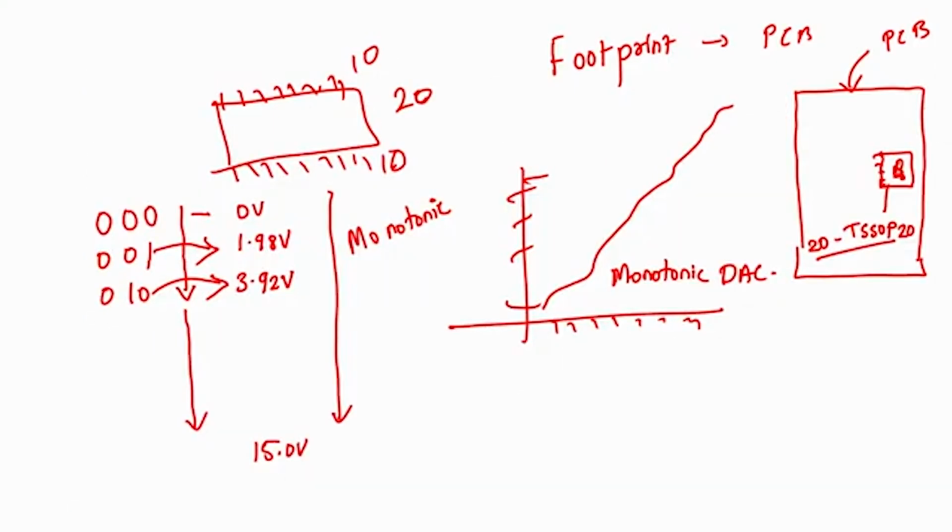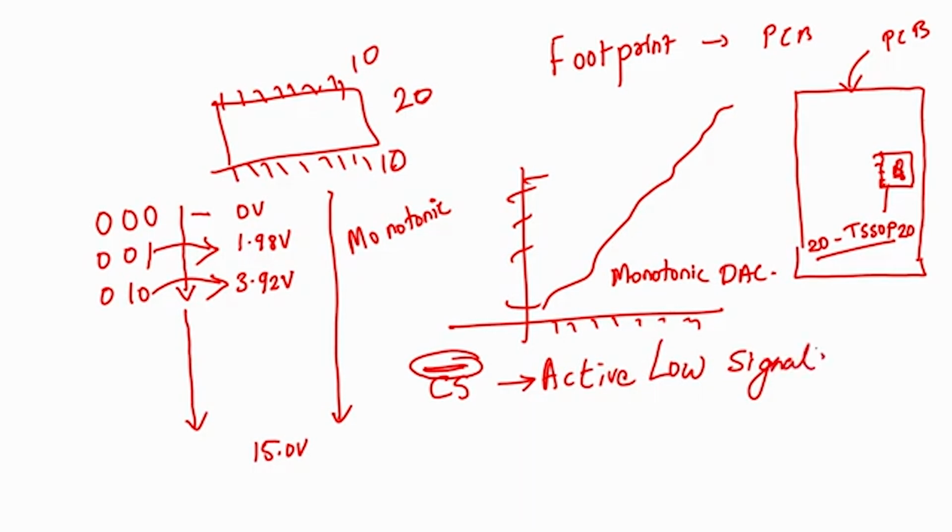And what does CS bar indicate? If you look at any IC's data sheet and you see a bar on top of a pin name, that means this is an active low signal. If any chip pin description has a bar on top of it, it is an active low signal. What does active low mean?